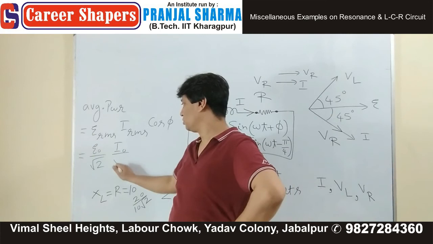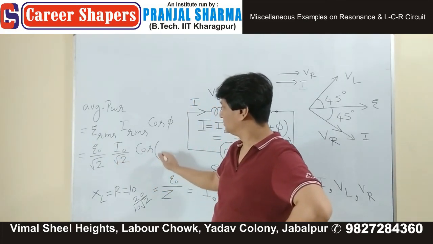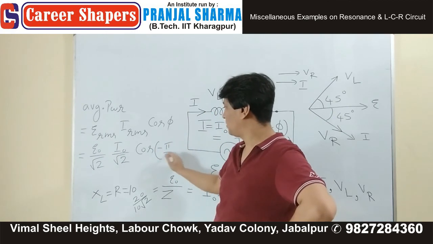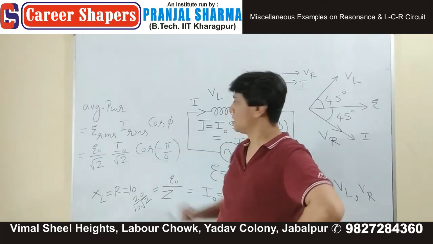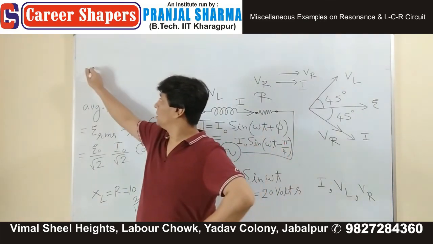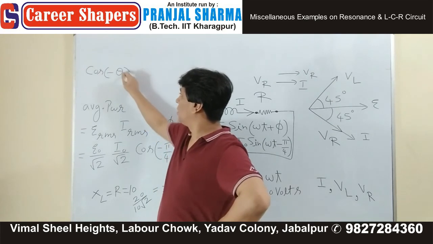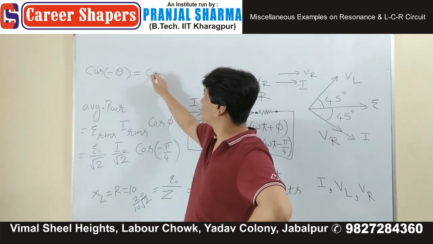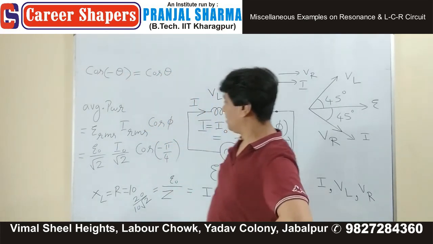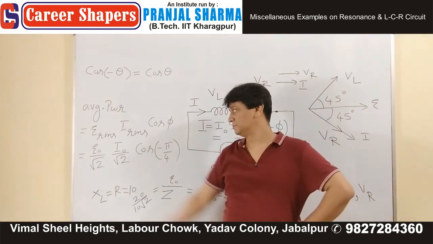I naught upon root 2. Cos phi, cos of minus pi by 4. In case you do not know this, cos of minus theta is cos theta. So you're supposed to do only this much.